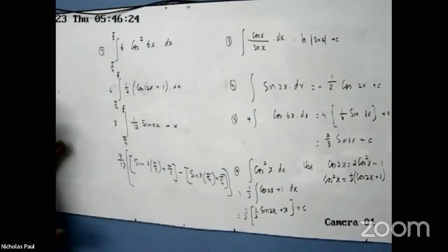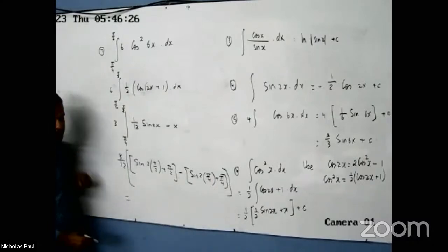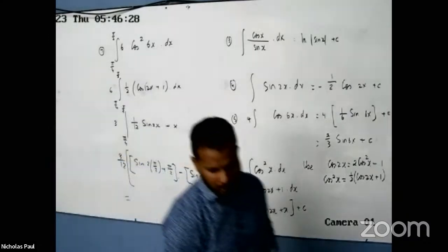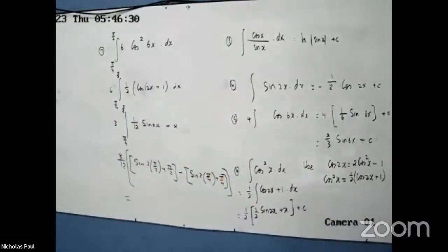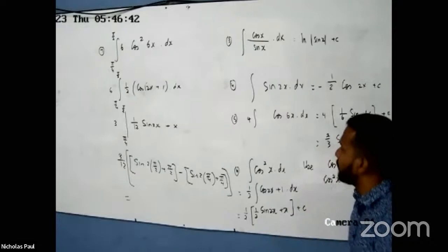And then final answer. What's your final answer there? You'll have 3 pi on 4. Anybody get that? 3 pi on 4.